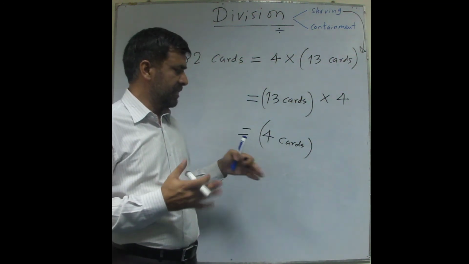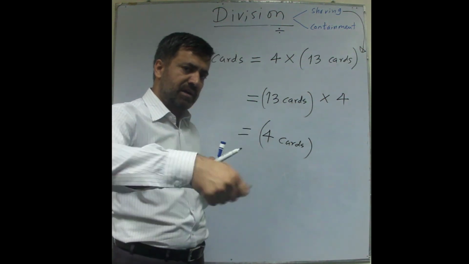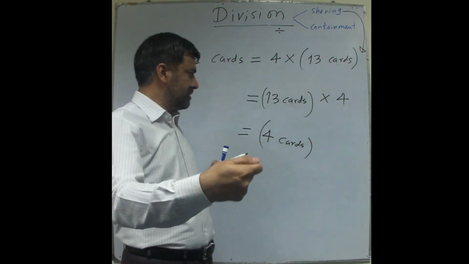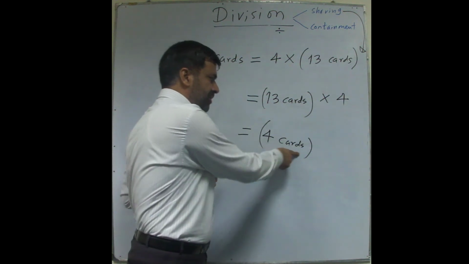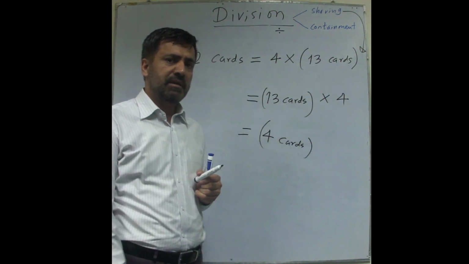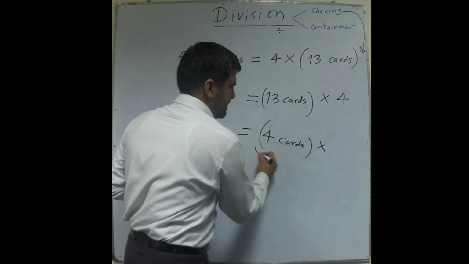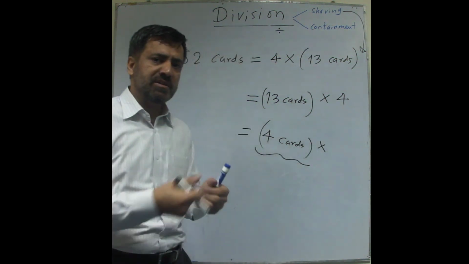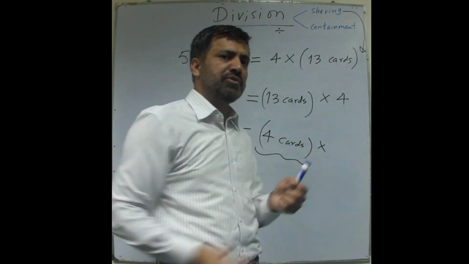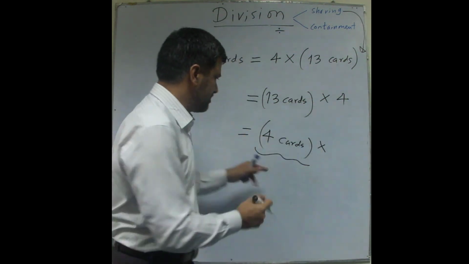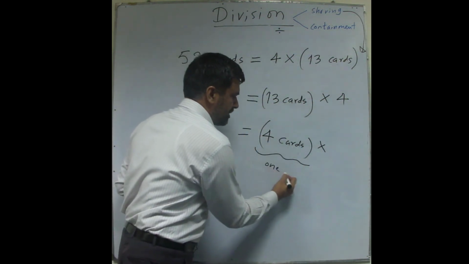So we are distributing those cards. In each round, you give 4 cards. This is the number of cards you give to those 4 players in one round. So this is like 1 round.